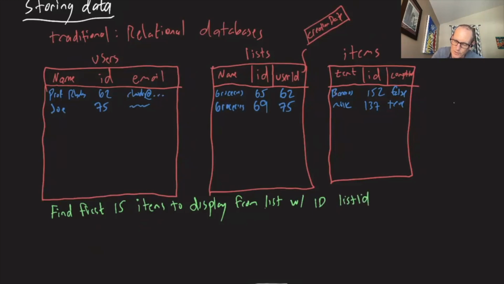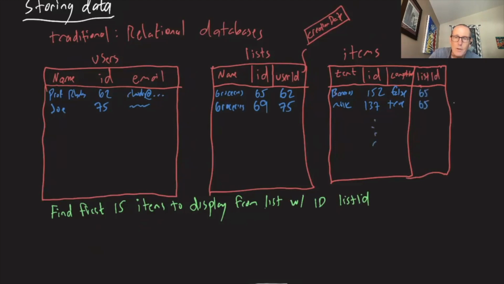So we are actually missing something here. What we actually need in this table is we also want to know for each item, which list does it belong to? So we'll actually add in a list ID here. This might be, for instance, my groceries list ID.